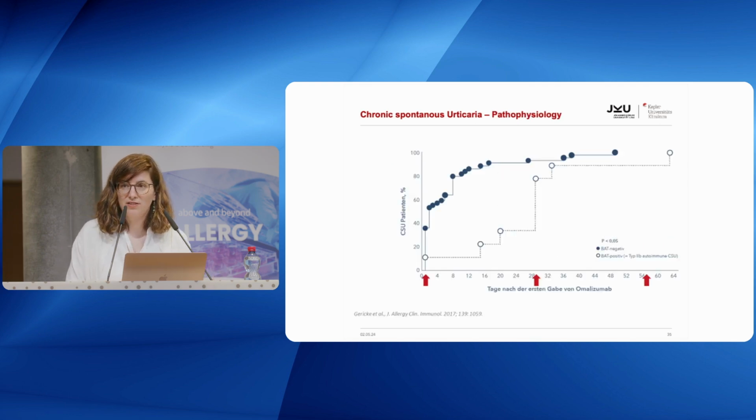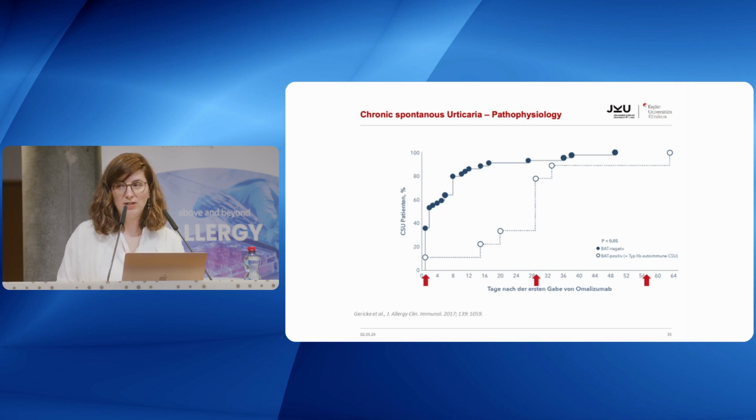That this is not just a theoretical concept has been shown in clinical trials where patients were treated with omalizumab. And patients were grouped into two groups. Patients that had features of type 2 autoimmunity responded much slower compared to patients who did not have these features, who were probably type 1.